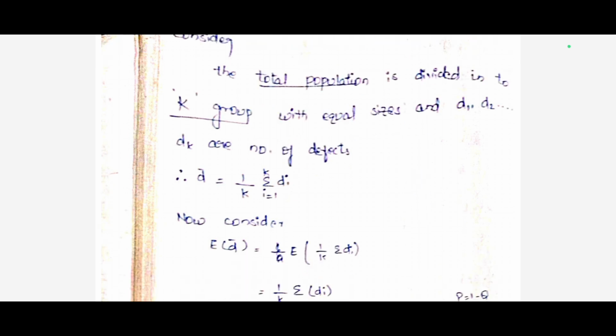The expected value of d bar is equal to summation of expected value of di divided by k, and the expected value of di is equal to n into p. So k gets cancelled, that is n into p.